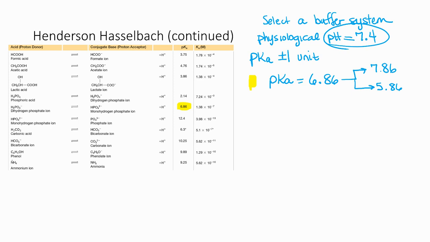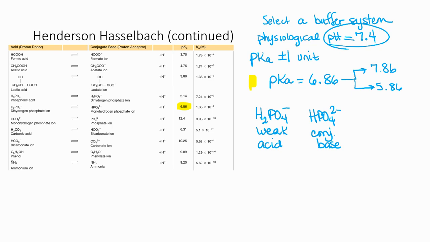Okay, so out of all the buffers listed, our best one for physiological pH is H2PO4 minus as the weak acid and HPO4 2- as its conjugate base. And you're going to do a whole worksheet. We're going to talk about it. This buffer system is in the kidneys.